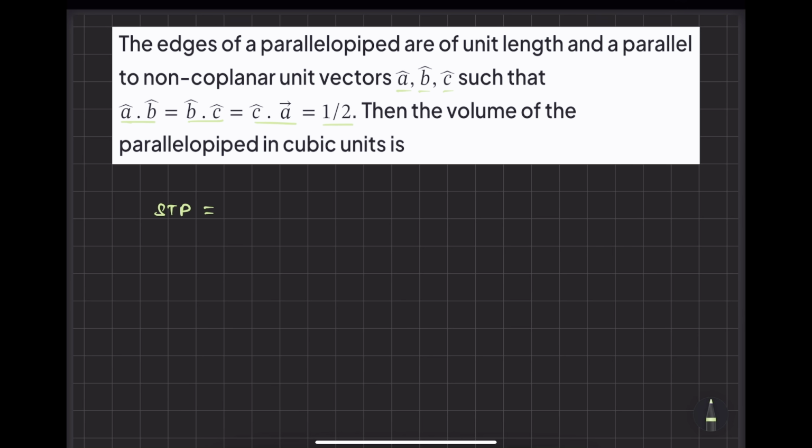Also, the vectors are not written in the form of components, so we cannot apply that, but here it is written with dots.